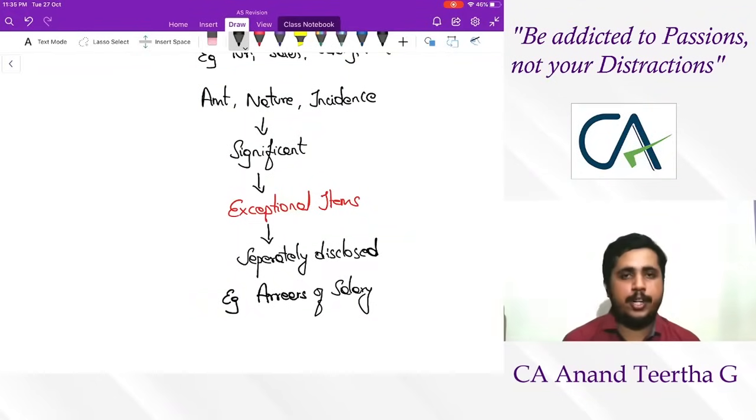Now the point which you need to understand is Schedule 3 of the Companies Act, which talks about financial statements. Over there, they say that there is no need for a separate exceptional item. Here it is done only with the mindset that there is a term called exceptional item, just to explain that it is given in the material as well.